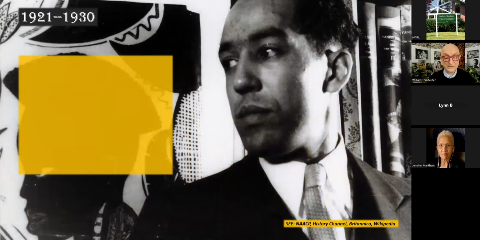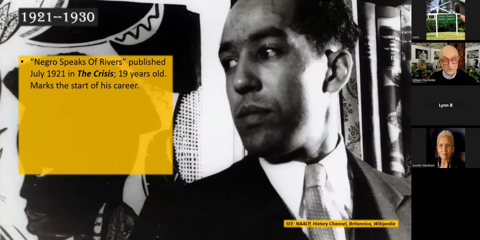And then we have the 1920s, which proved to be a pivotal decade for the young writer. The Negro Speaks of Rivers was published in July of 1921 in The Crisis when he was only 19 years old, and the poem truly marked the beginning of his career.